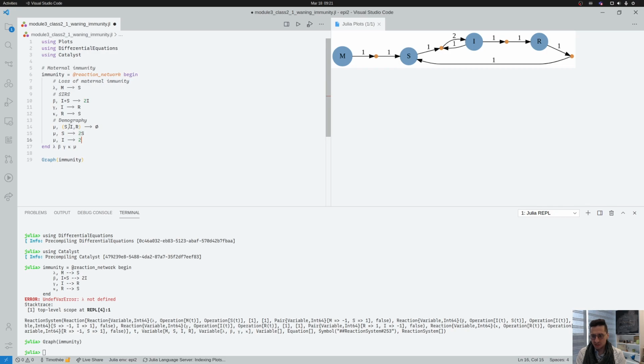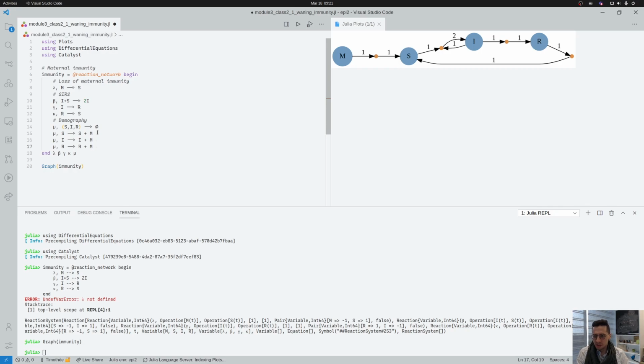We have an infected individual that can become I plus S, and then we have a removed individual that becomes R plus M. So no individual in this model is going to be born susceptible.